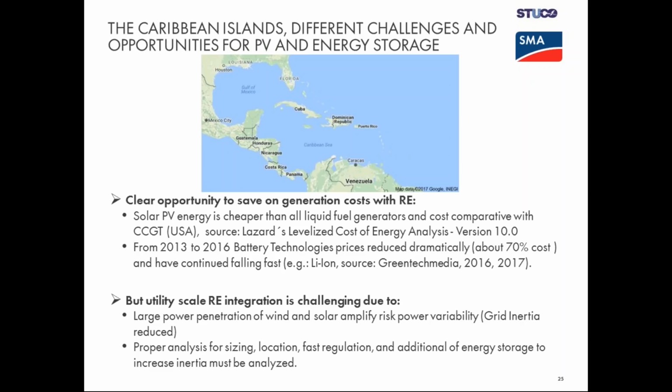That's why it is very important to do a proper analysis for the sizing and location of the renewable power generation, fast regulation, and the additional integration of energy storage to increase the inertia and allow a larger penetration above 20% with controller, and with energy storage that could increase to above 60%, up to 100% with grid-forming battery inverters.